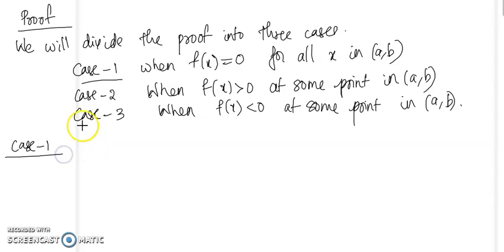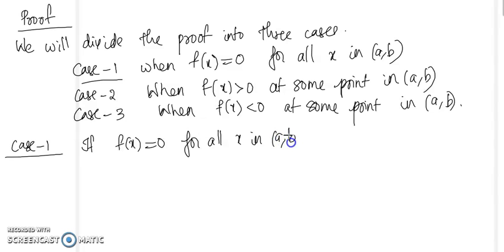Now, in case 1, if f of x is equal to 0 for all x in the open interval AB, and f of a and f of b are 0, that is already given. You have defined your function such that f of a equal to f of b equal to 0, and again you have f of x equal to 0 for all x in the interval AB.